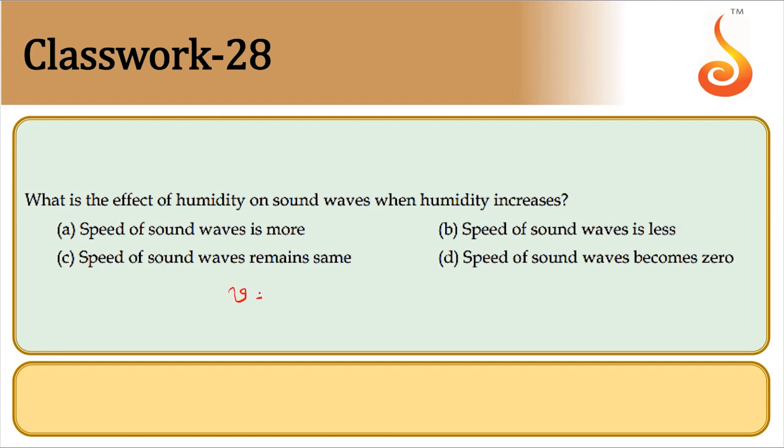See, speed of sound in air is given by root of gamma p by rho. And remember, density of humid air is less than density of dry air. So with increase in humidity, density decreases, so velocity increases. So it must be option A.